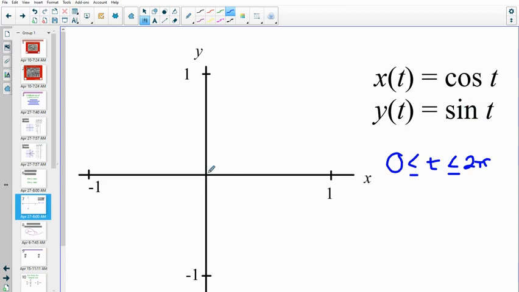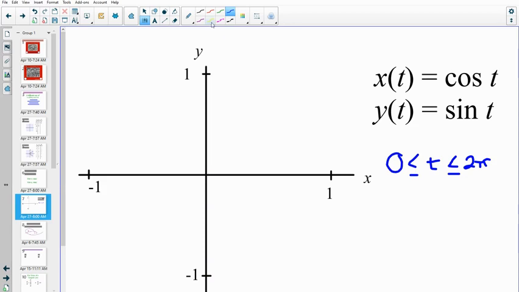The sine curve starts at 0, so vertically I'm at 0, and I know that the sine curve is going to go up to 1, and then down to -1, and back up to 0. So the question is, what does this curve look like when both of these things are happening at the same time? Starting at an x value of 1, decreasing, and then increasing, while the y value starts at 0, increases, then decreases, then increases.